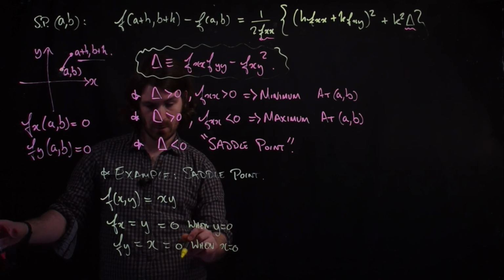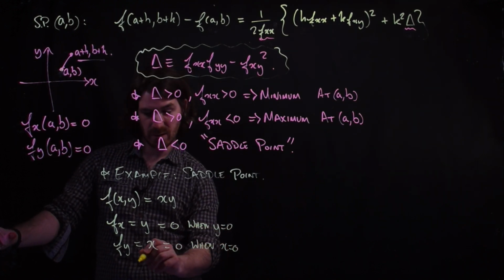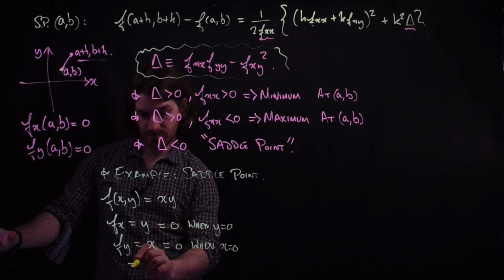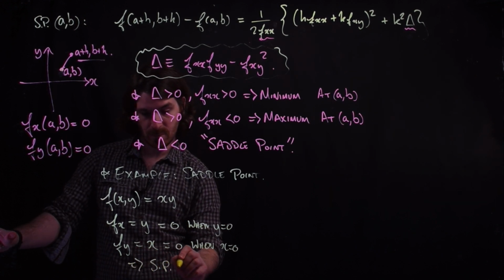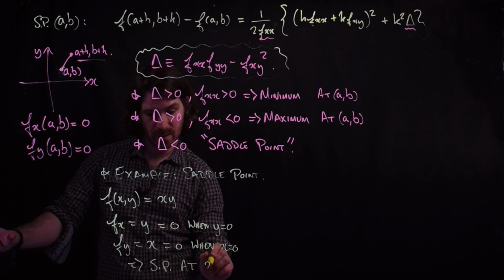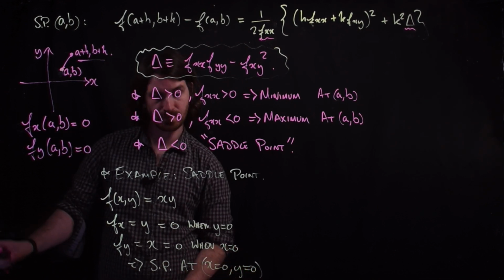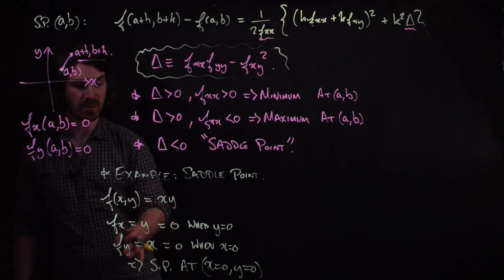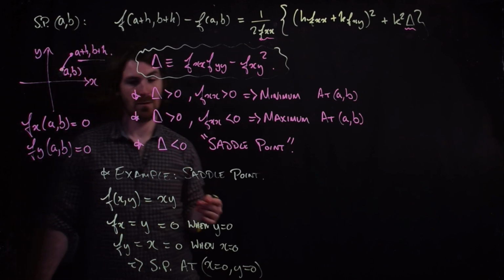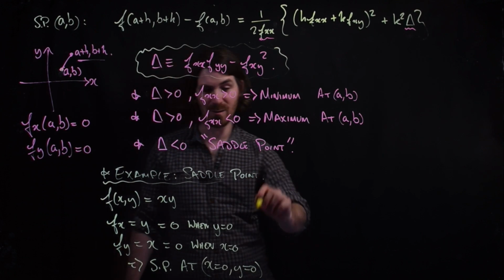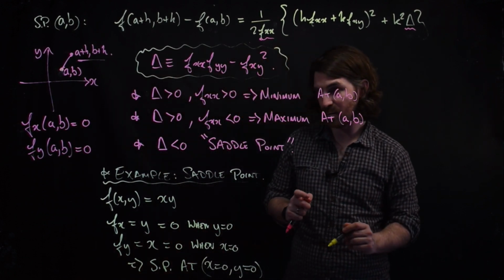Okay, so there's a stationary point at the origin. x equals 0, y equals 0. Okay, and the question is, what's the nature of this stationary point? It's an example of a saddle point, so we should expect a saddle point.